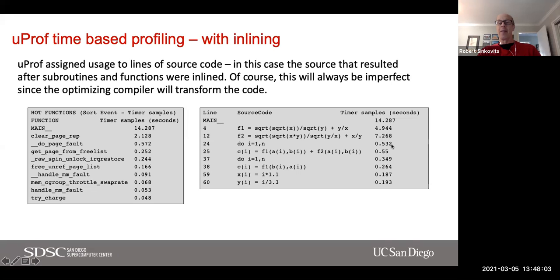We see that a little bit of the time is associated with the do loop, do i equals 1 to n. We would expect that to be pretty much close to 0, and then time scattered across other source code lines. So again, take this with a little bit of a grain of salt. And we'll show an example where this breaks down a little bit more when we disable inlining.